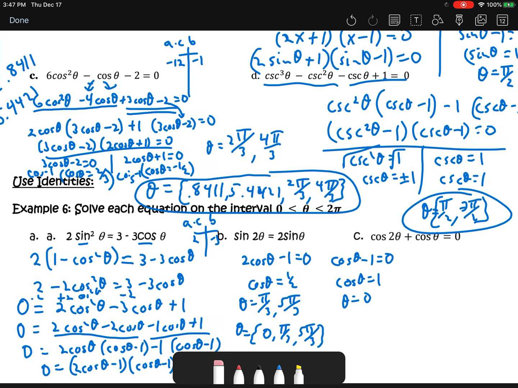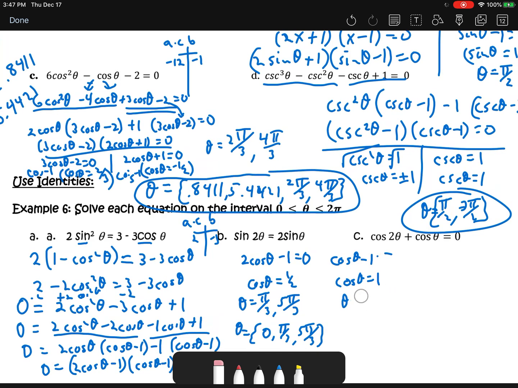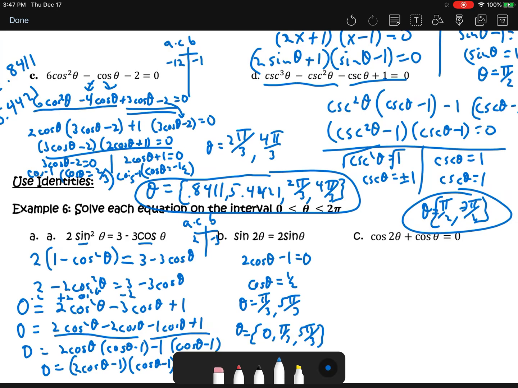Okay, cosine 2 theta plus cosine equals 0. Now this one, cosine 2 theta has 3 possibilities, but it really doesn't, because the key here, it's got another cosine. So you want to use the one that says 2 cosine squared theta minus 1. And looky there, because then we have a quadratic that we can solve.